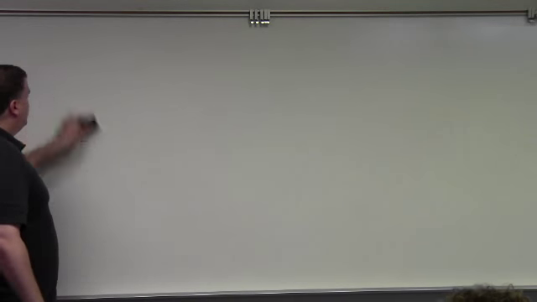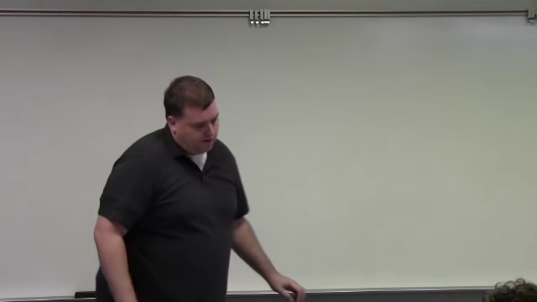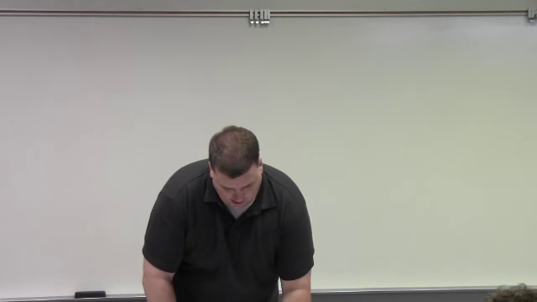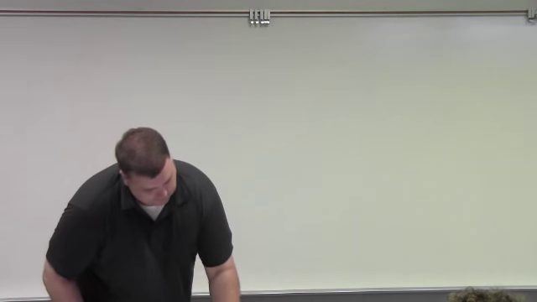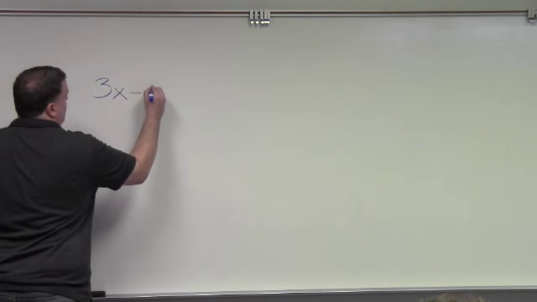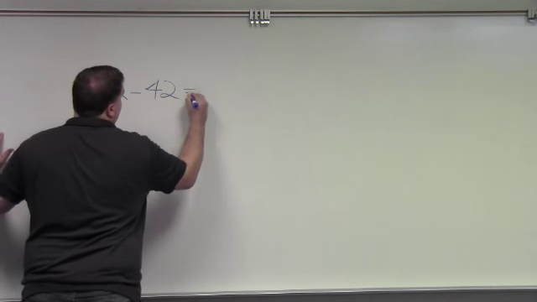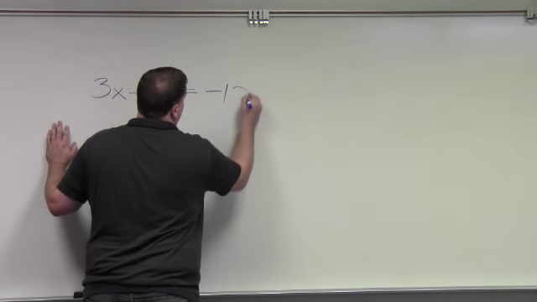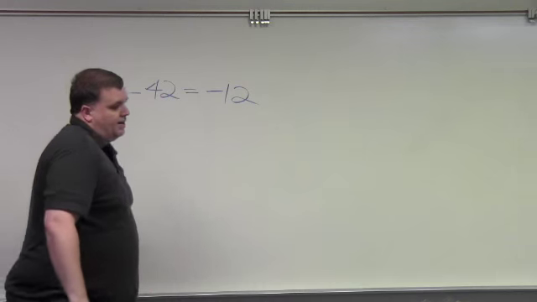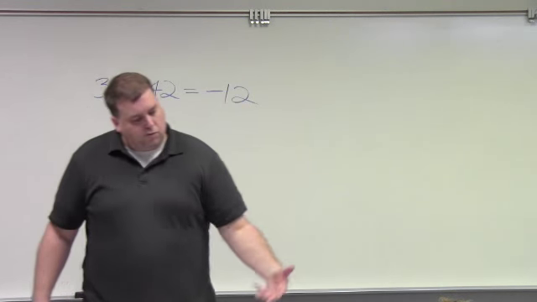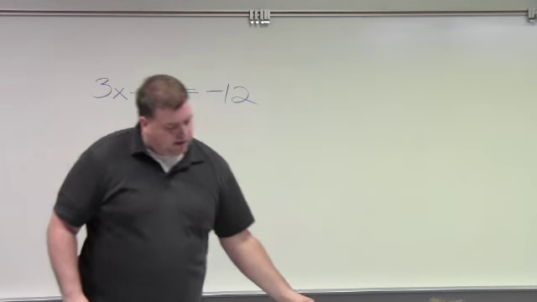So, those are some one-step equations. So let's turn that page over, and let's take a few more steps. So 3x minus 42 equals negative 12. On the back of that first page, we had those steps there. And this is where, when you have more than one step, these steps come in handy.